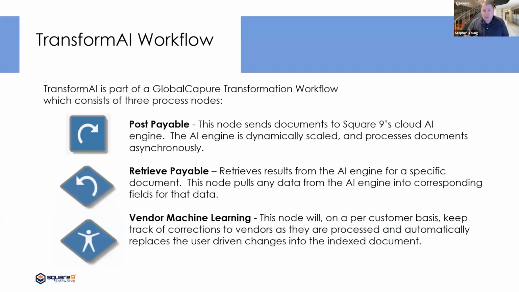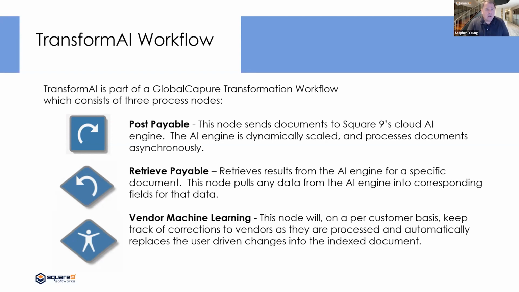It works both with printed data, meaning machine printed, or with handwritten. So it is a form of ICR, or intelligent character recognition. We've seen some pretty amazing results with that as well. But essentially, it comes down to 3 nodes in our workflow.